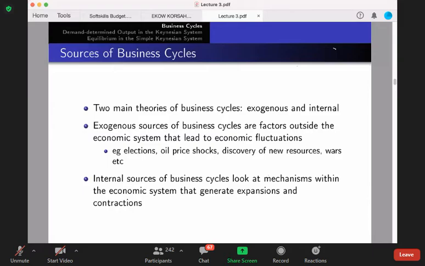Yes, Matilda. Sir, please, how is oil price shock an exogenous source of business cycle? Okay, so what happens is this: OPEC is an example of a form of a cartel.